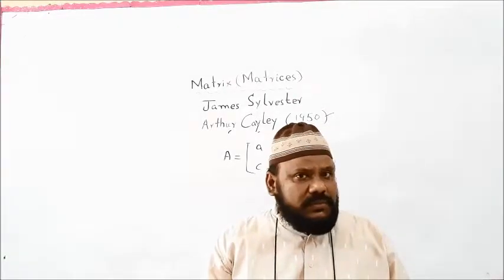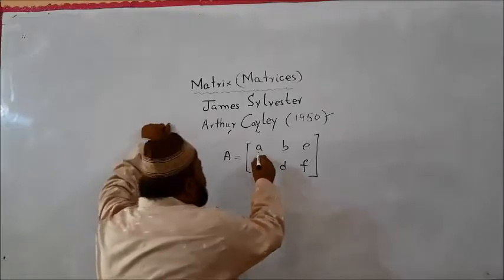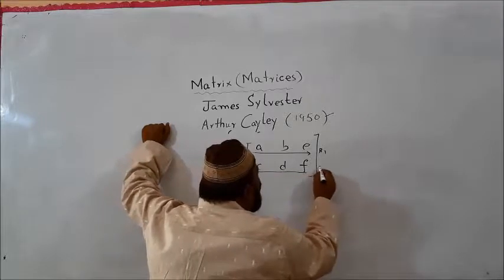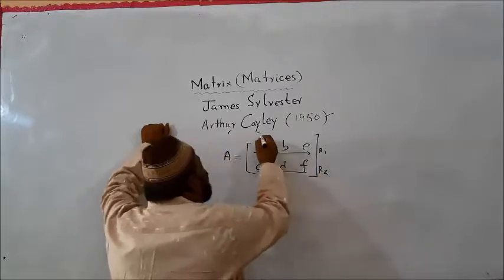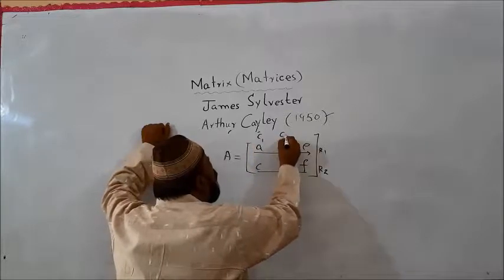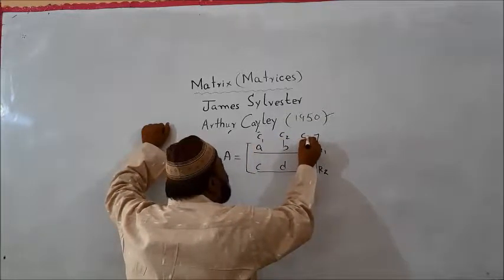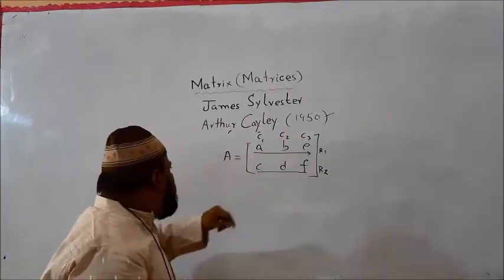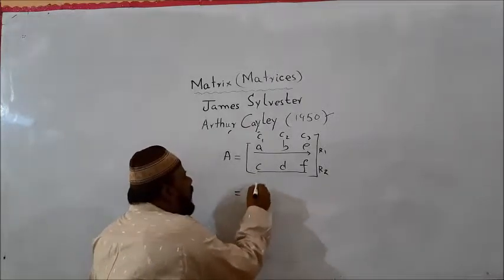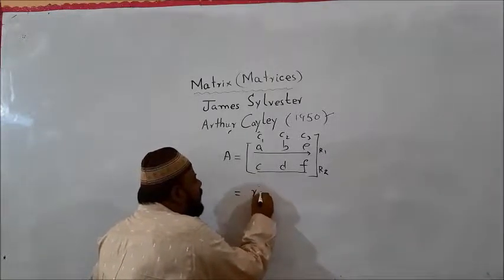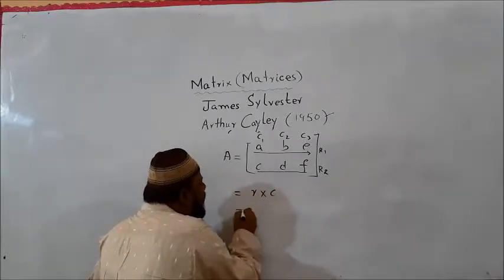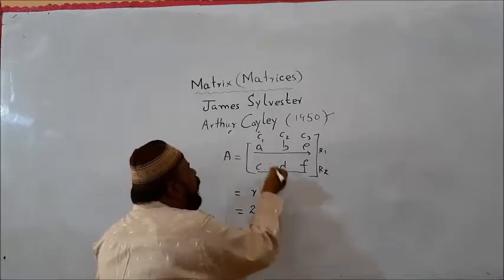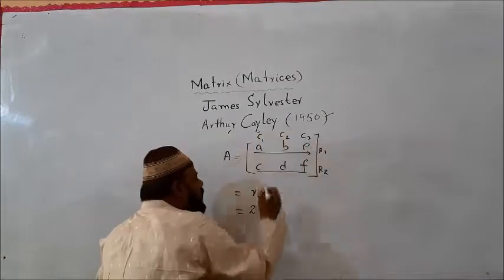This is row 1 and this is row 2, and column 1, column 2 and column 3. Is it clear? In this matrix you write the formula R by C. So here, 2 rows, and how many columns? 1, 2 and 3 columns.